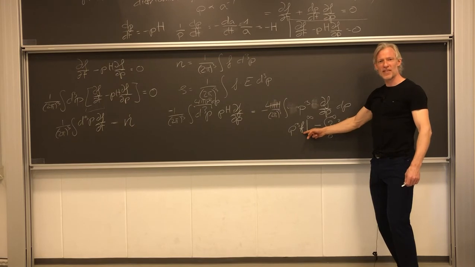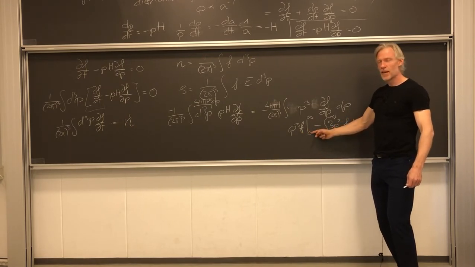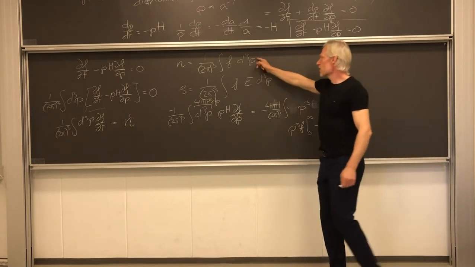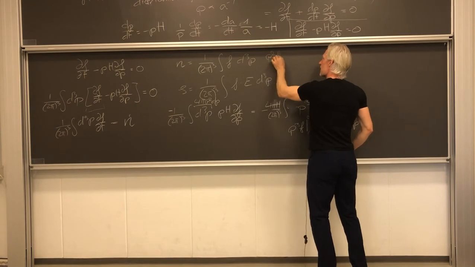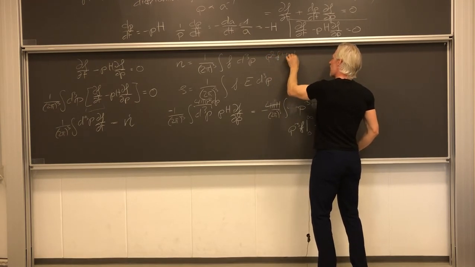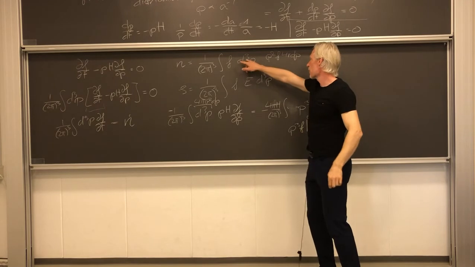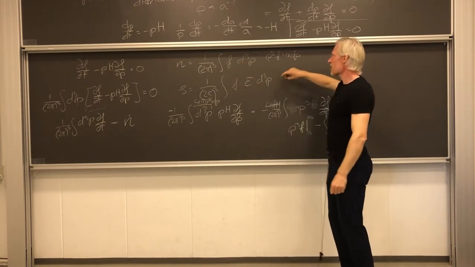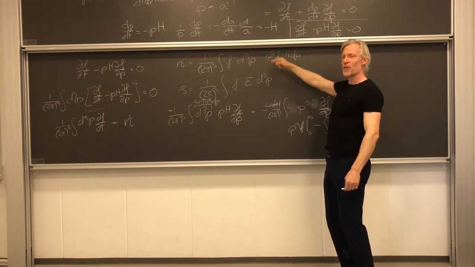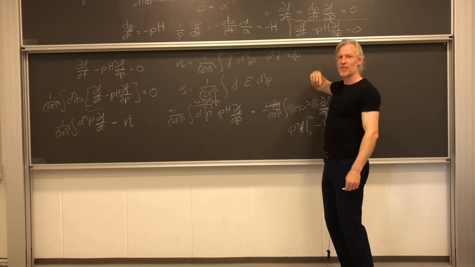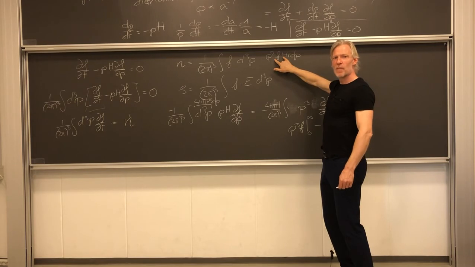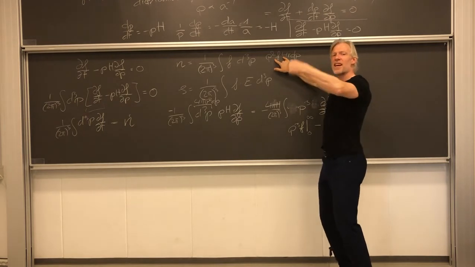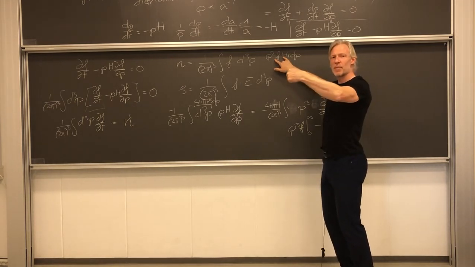The question is, what about the p going to 0 limit? Well, I could write this, for example, as p squared times f times 4 pi dp, right? So that certainly must be convergent also as I take p to 0. And that means that p squared times f must grow less fast than 1 divided by p.